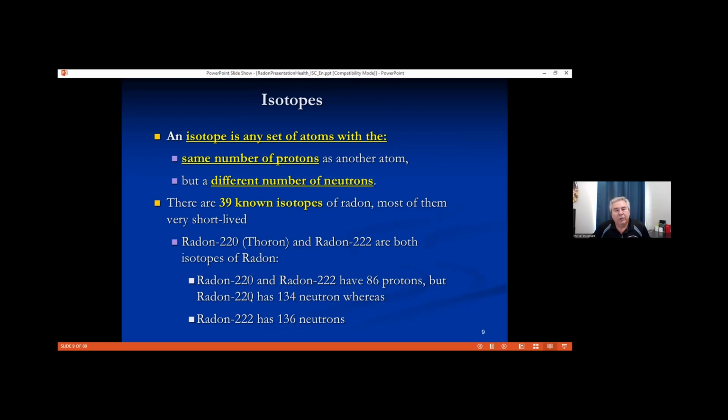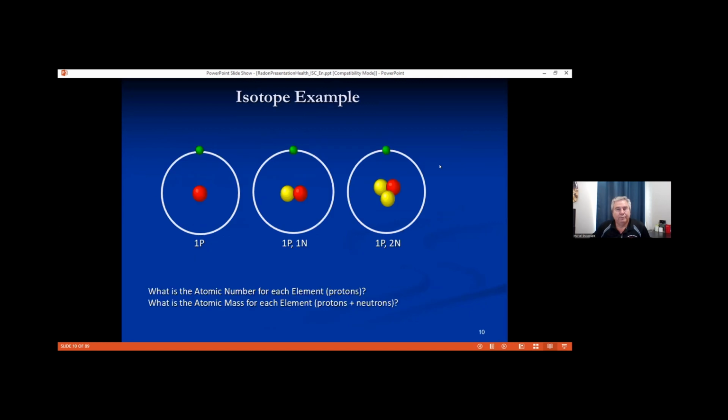In the case of radon 220 or thoron, it has 134 neutrons, while the radon 222, our most common one, has 136 neutrons. So there are many different types of radon, the big difference being the number of neutrons. All of them have 86 protons.